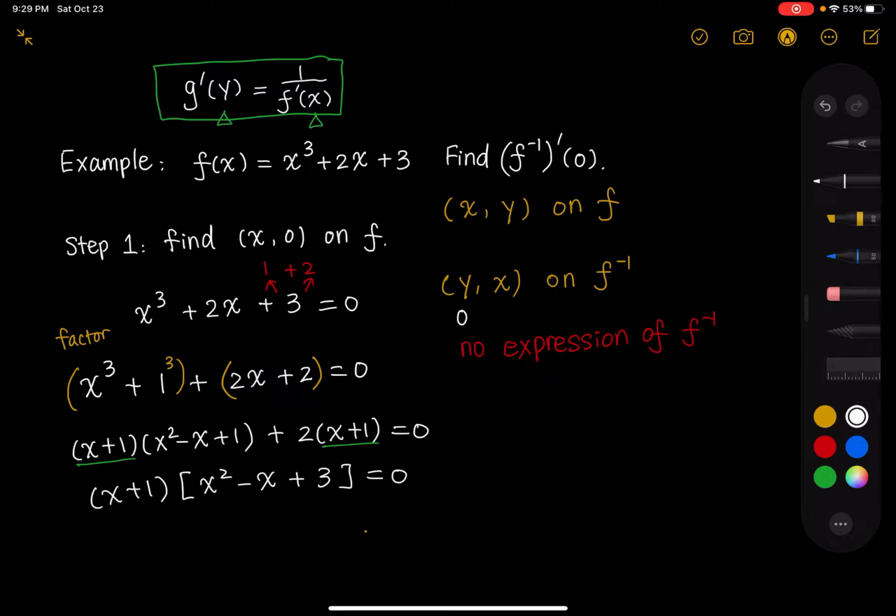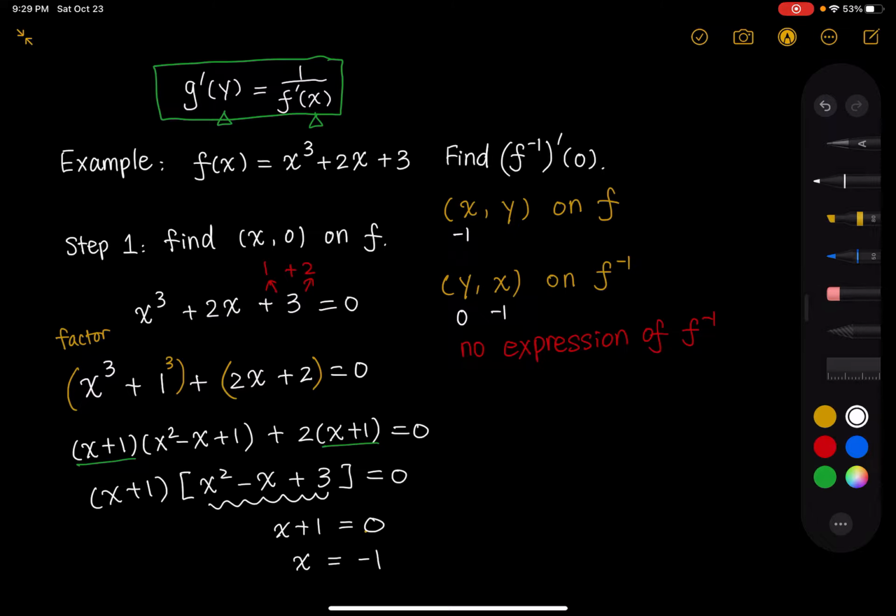Now I know already from the quadratic formula, this piece, I don't have a real root, okay? My discriminant is less than 0. So in that case, I can only have x plus 1 equals 0, and my x must be negative 1. Okay, so I find my x is negative 1.